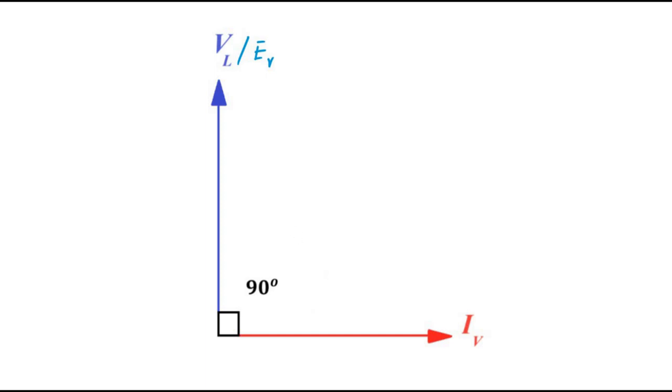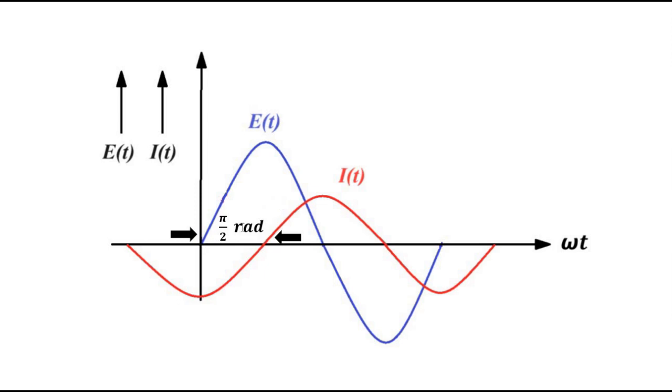In terms of waveform representation, the blue one represents the alternating EMF or voltage, whereas the red one represents the alternating current. So the phase difference is pi by 2 radians, current lagging behind the voltage.